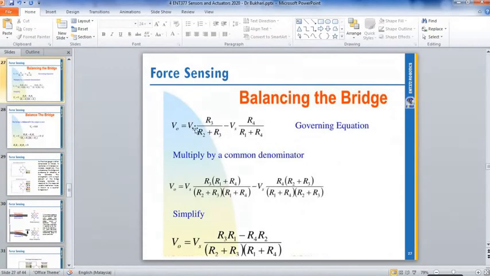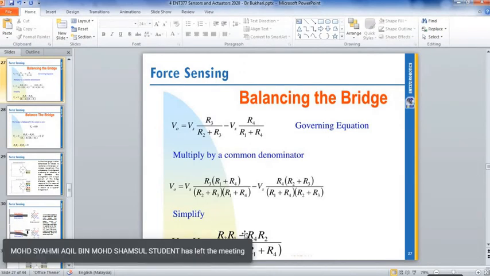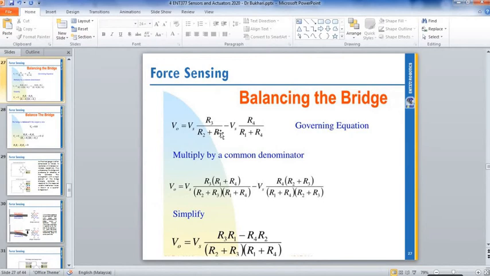Vo equals Vs times R3 divided by R2 plus R3, minus Vs times R4 divided by R1 plus R4. If you multiply it out, you get this one. But importantly, you remember this basic formula. Once you simplify, you get this one. The important thing is you need to use this one, because once you replace the values, you get the answer directly.